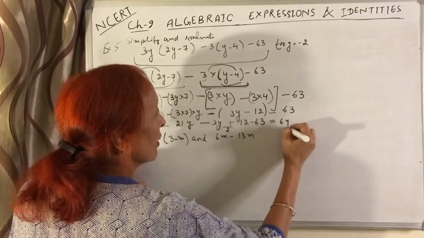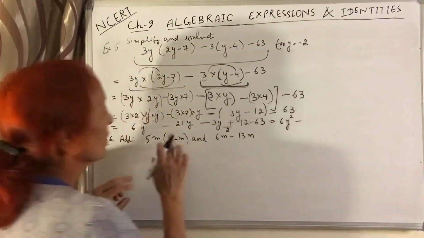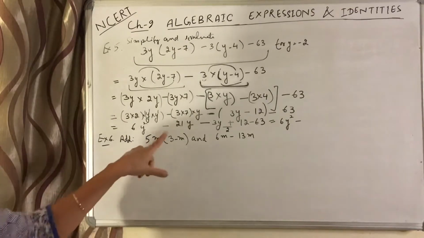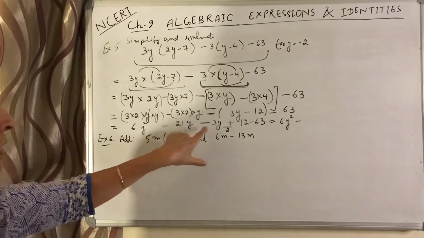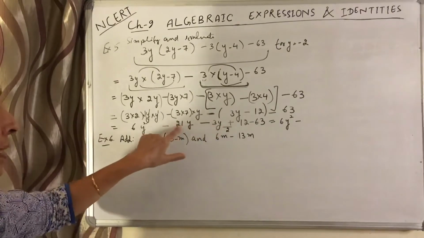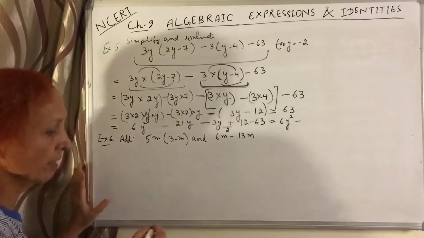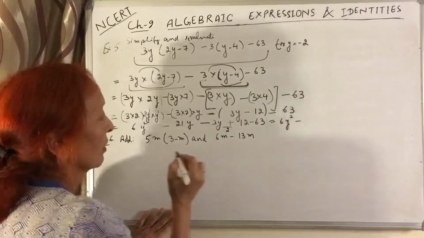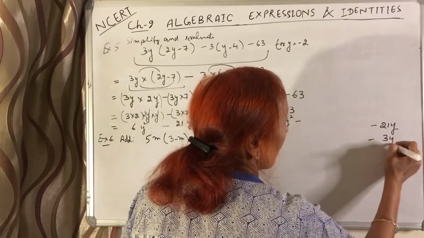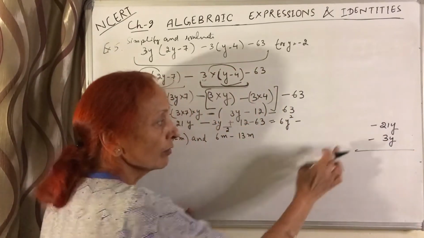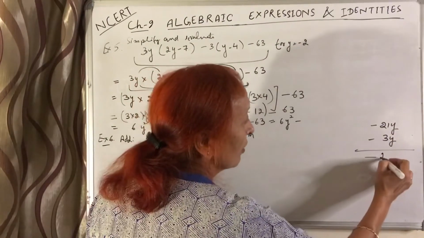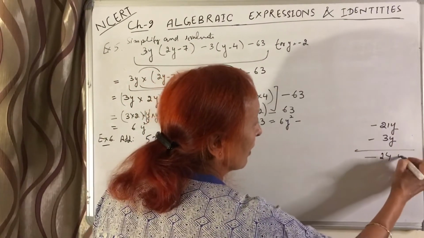So this is equal to 6y square minus, now we will add the like terms. Now this is minus 21y and minus 3y. y term, y term, so these two are like terms. So we will add this. Minus 21y minus 3y, what will we do? Same sign put here and add 21 plus 3, it is 24y as it is.